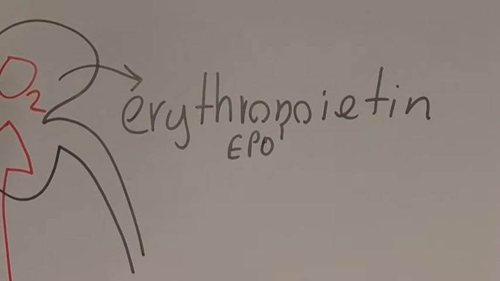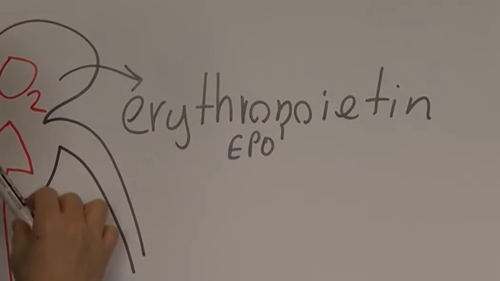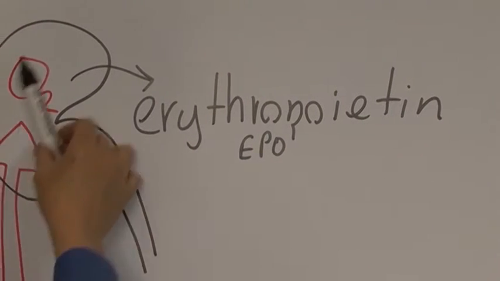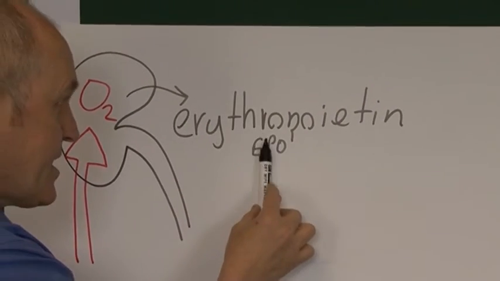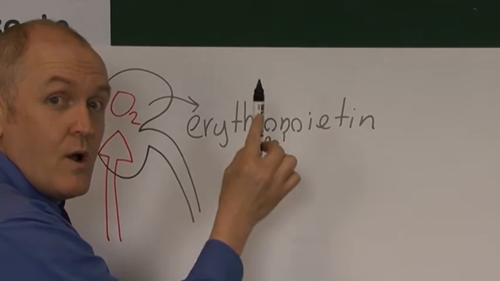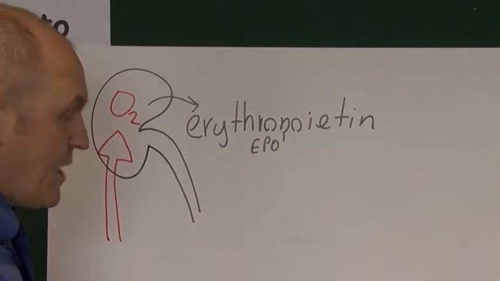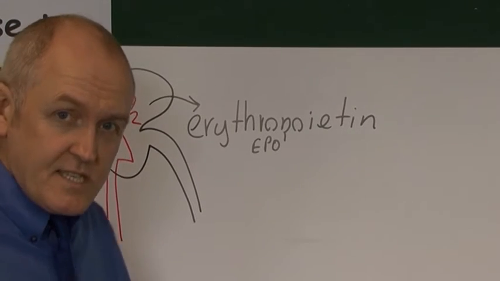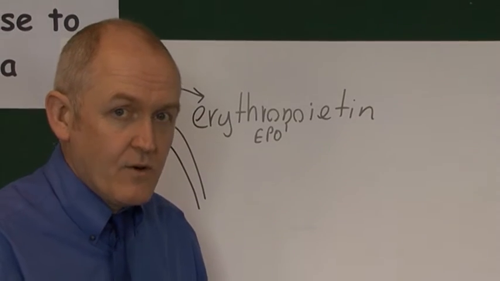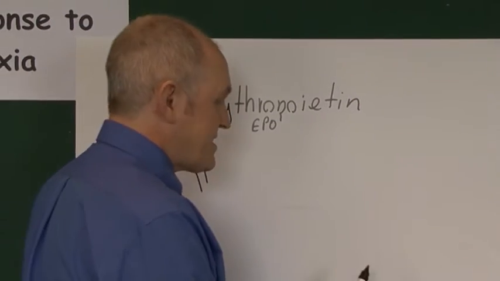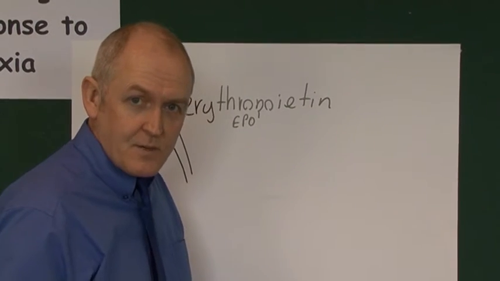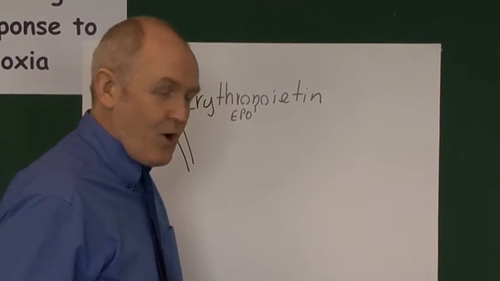So when the level of oxygen in the renal arterial blood drops, the kidneys respond by producing this endocrine hormone called erythropoietin. Now what erythropoietin does, it's an endocrine hormone, so it's going to circulate all around the body, of course, and particularly it circulates to the flat bones, and it circulates to the end of the long bones.